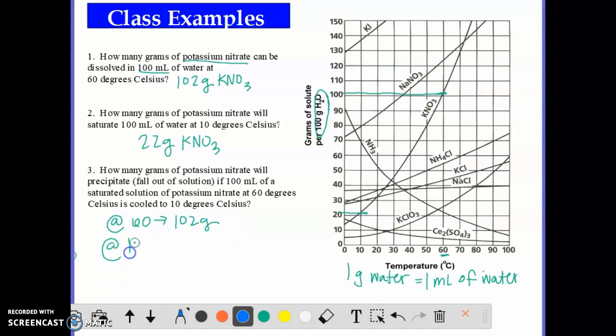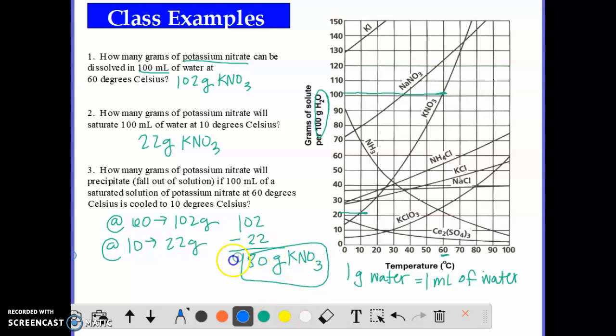At 10, it is 22 grams. And so we're going to figure out what's the difference between those two from temperature to temperature. So we're going to take 102, subtract 22, and we get 80 grams of KNO3 that is going to precipitate out of our solution.